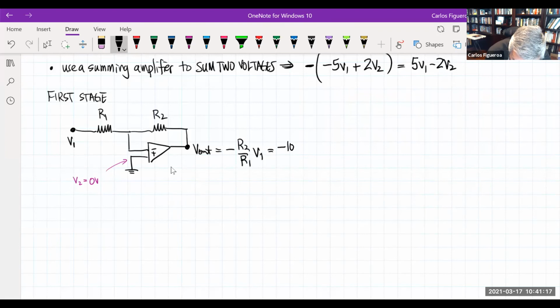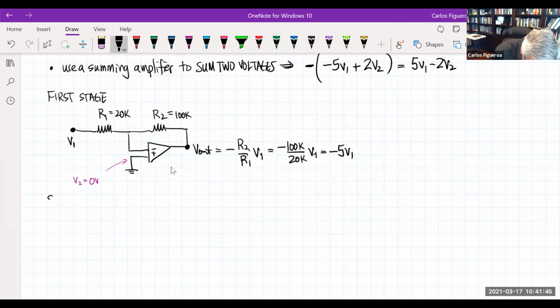What if I have 100K over 20K? That's going to give me a minus 5 V1. So now I'm going to set this one to 100K, and this one to 20K. So this output node is now going to be minus 5 V1.